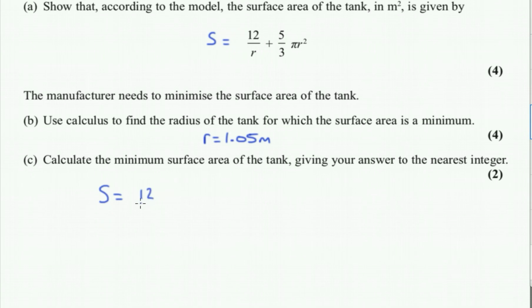So that's going to be 12 over that value that I've stored into memory A, plus 5/3 of pi times 1.05 squared, but I am going to be pressing A when I do this.